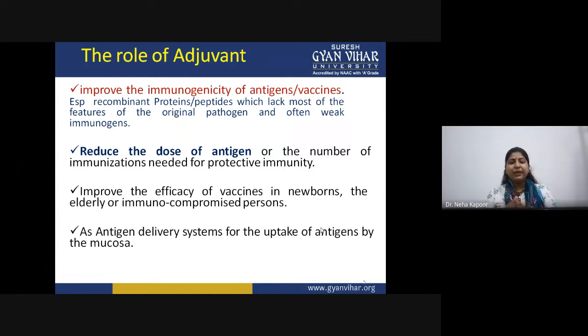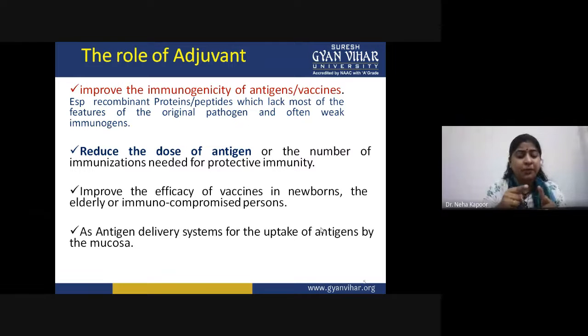So they play a very crucial role in improving the immunogenicity of the antigens or vaccine, especially recombinant proteins and their epitopes, most of which sometimes lack the features of original pathogens or are quite weak immunogens. In that case, to increase their immunogenicity so that a strong immune response can be mounted, we add adjuvant.